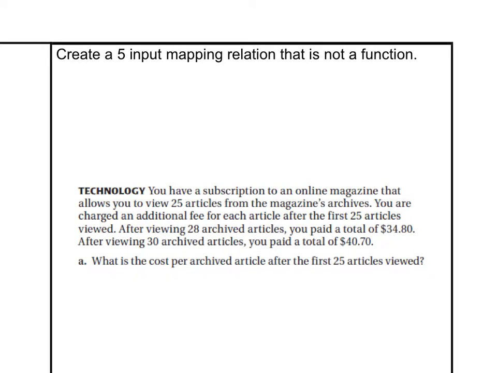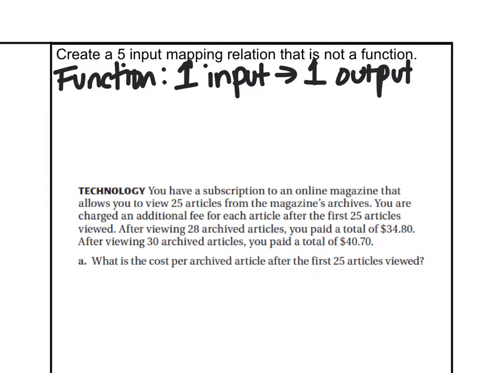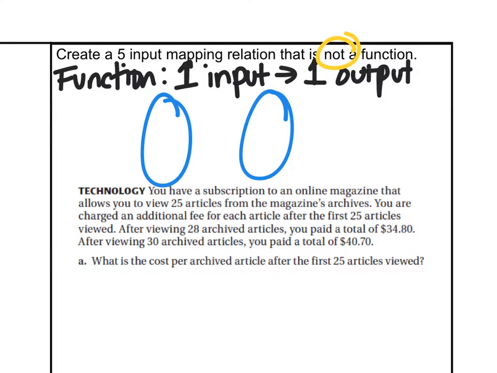On to functions. We know something is a function if one input goes to one output. This says to make a mapping relation that is not a function. So mapping usually starts like this. We put our inputs over on the left-hand side, our outputs on the right, and we're going to draw arrows between the numbers.